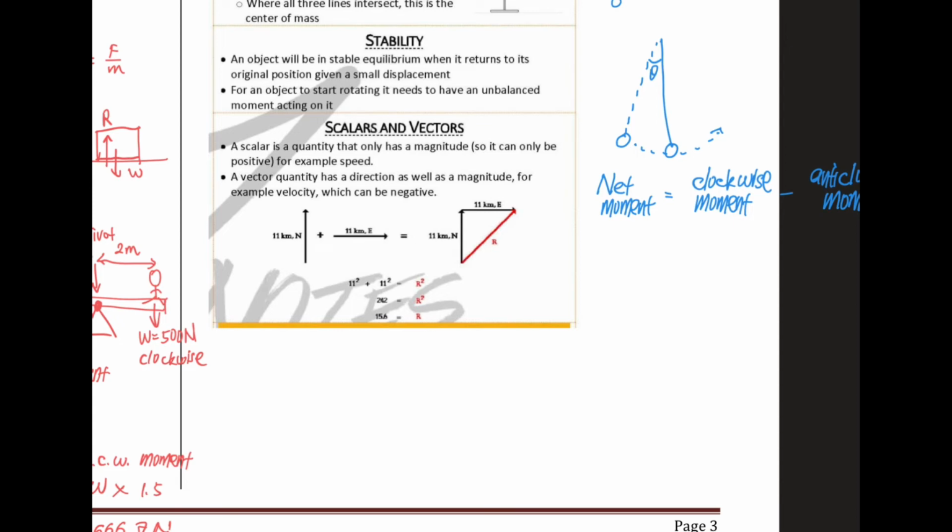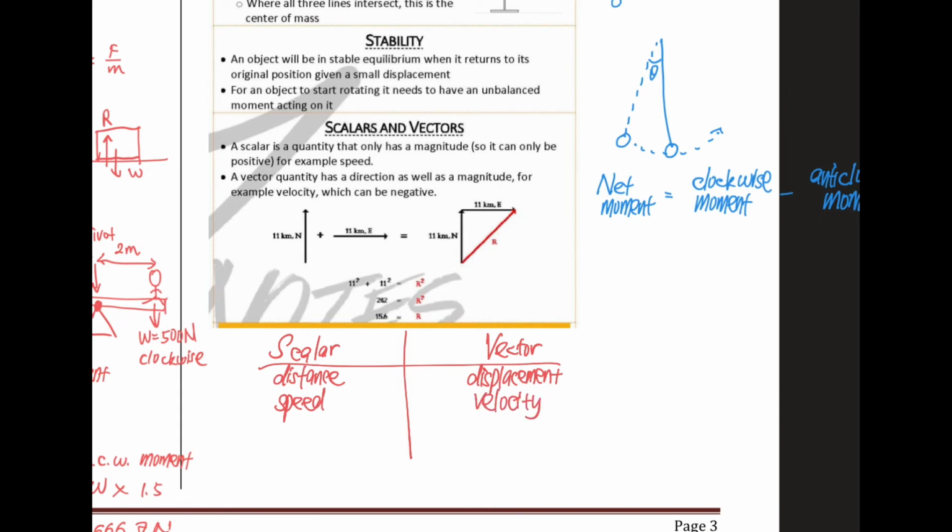Okay, so I give you some examples of the important or popular scalar quantities as well as vector quantities. First we have distance and displacement. Then we have speed and velocity. They are in pairs.